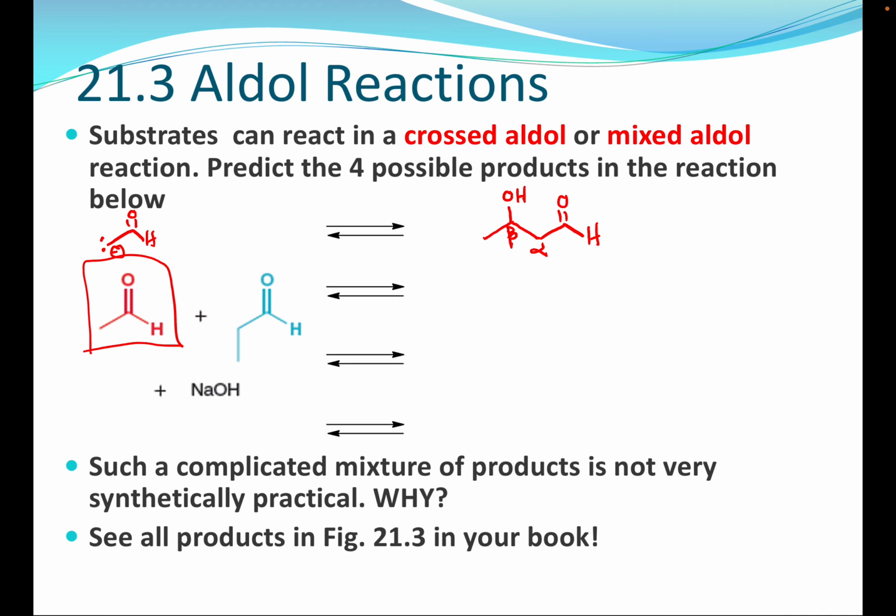Another product would be for the enolate of the smaller aldehyde to react with the larger aldehyde. It will react with the larger aldehyde. That product will look a little different and be a little bit bigger. So we keep our smaller aldehyde enolate structure, and then we can picture it doing a nucleophilic attack.